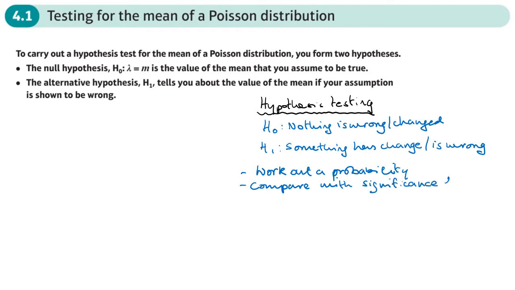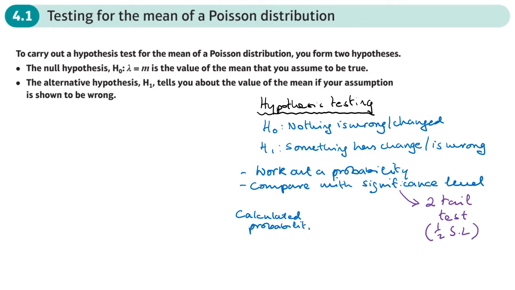Now that significance level may be 5%, 10%, 1%, but remember, if it's a two-tail test, then you need to halve the significance level. So remember that. So you've got your worked out probability, the probability that you've calculated, and we've got our significance level over here.